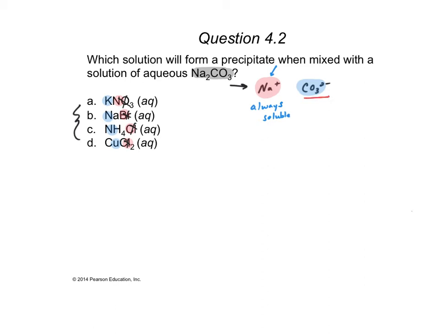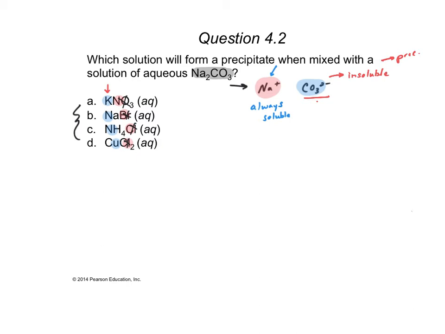And so now we're going to look at carbonate and what type of compounds it's going to form when it pairs with the cations of these various solutions, right? Now, if we go back to the solubility rules in the solubility table, we find that carbonate-containing compounds are generally insoluble, meaning that they will form a precipitate. I'm just going to abbreviate that, precipitate, except for a few different exceptions, I guess, right?